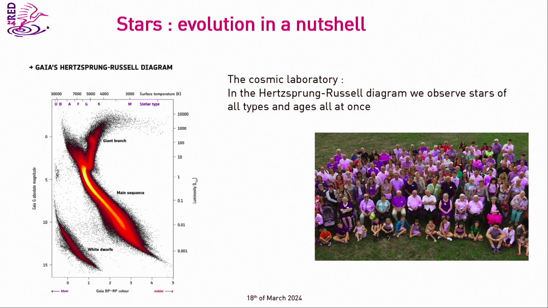Then there's this giant branch, which is where the low mass stars like the Sun evolve when they run out of hydrogen in the core. And it's a branch, and it's red, and because of the link between luminosity, radius, and temperature, the stars that are red and very luminous are very big, and that's why it's giant, okay?